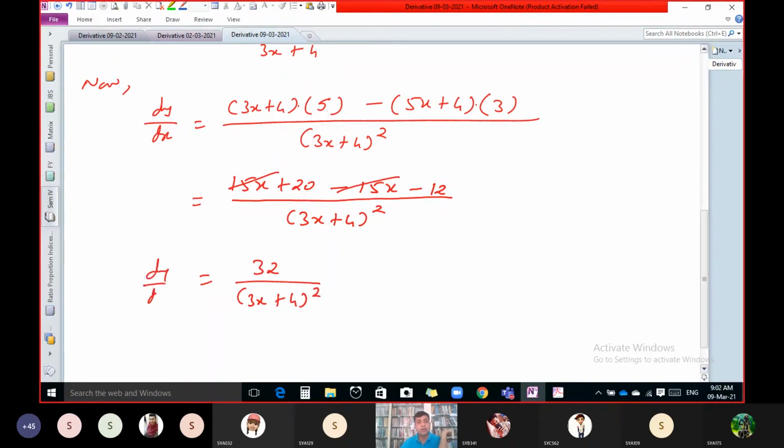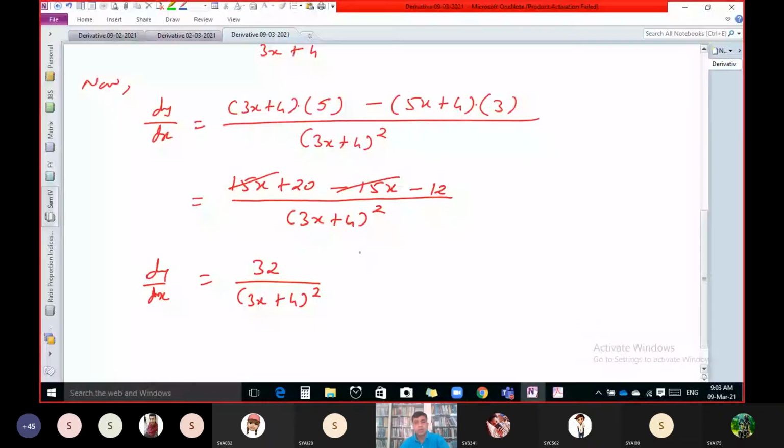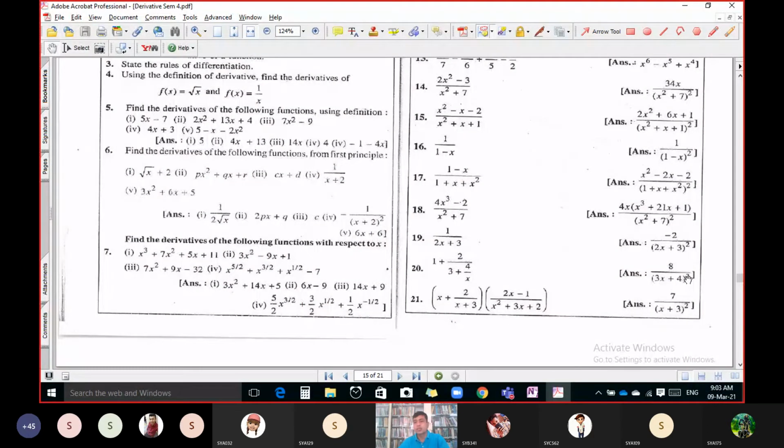This is dy by dx. Sorry, not 32. Correct, minus is there. So 8 upon 3x plus 4 the whole square. That is our final answer.